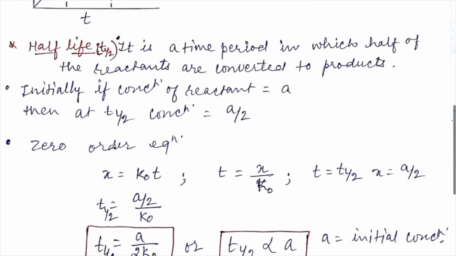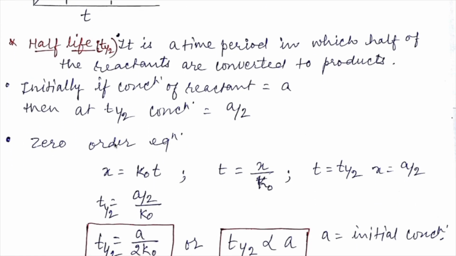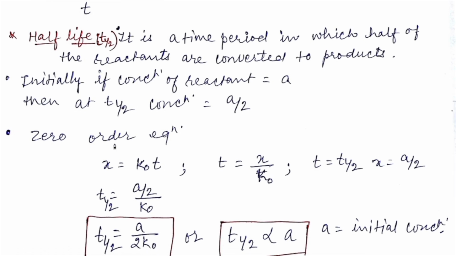Next point: how to find the half-life period for a zero order reaction. The half-life period for a zero order reaction is the time period in which the reactant decomposes to half of its initial concentration, that is, 50% decomposition.